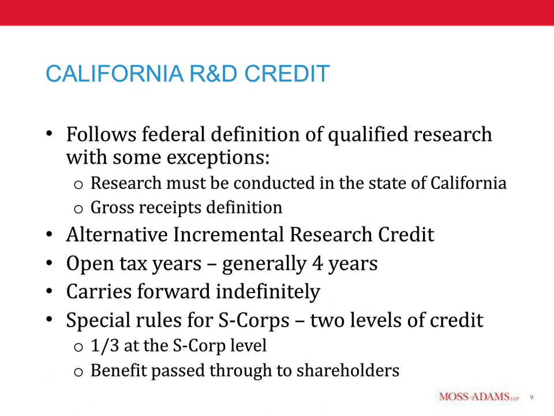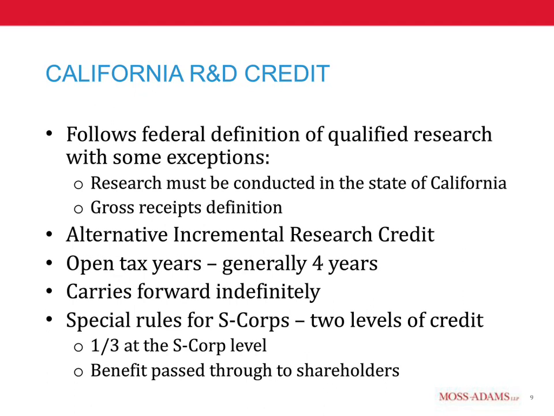Typically, federal is 3 years, but if you've been in losses or AMT situations for federal and other states, potentially you can go back more than the 3 or 4 year time period. The other big area for California is that it carries forward indefinitely. There are special rules for S corps: it's a 2-level credit. You get a third of the credit at the S corp level, and then you get the full credit passed through to the shareholders as well. So in that case, it's a very good credit.